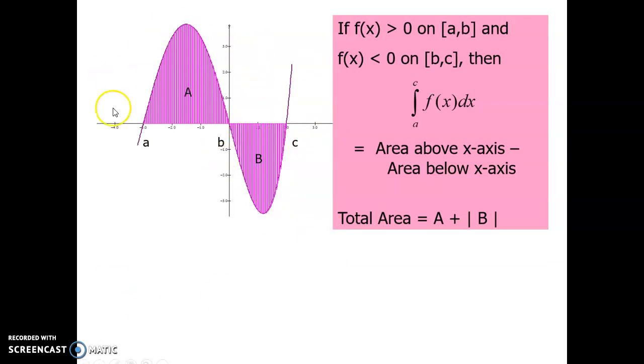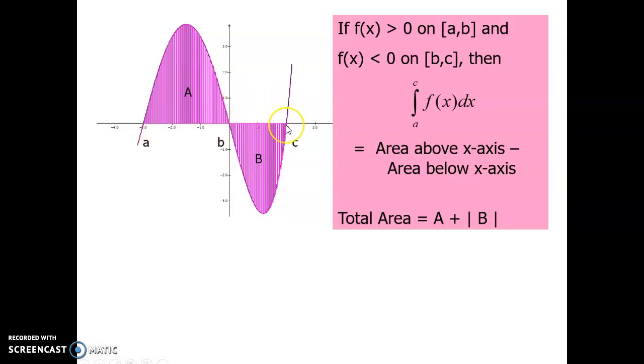So what is this doing? This is telling me that if f is a derivative curve, the antiderivative curve from a to b rises A units and then decreases or goes down B units from b to c.